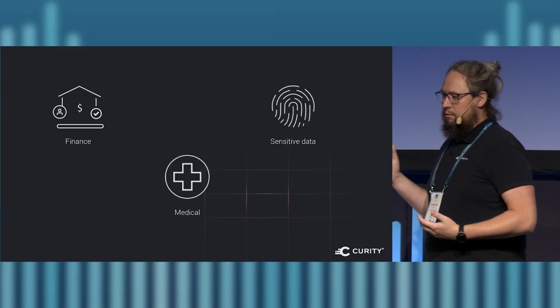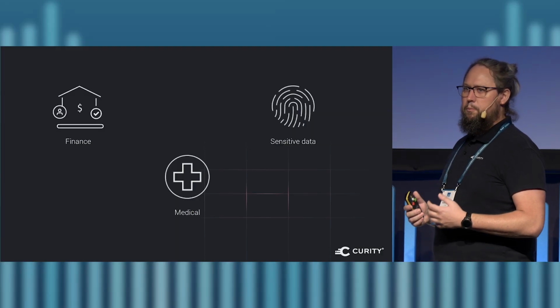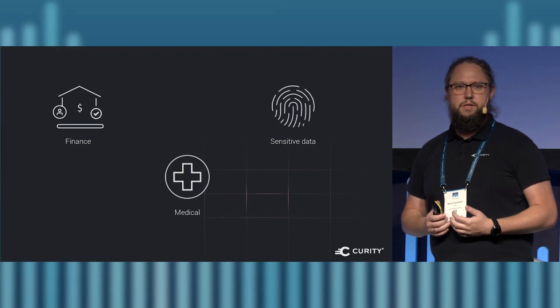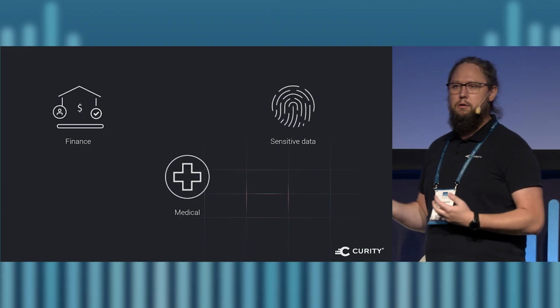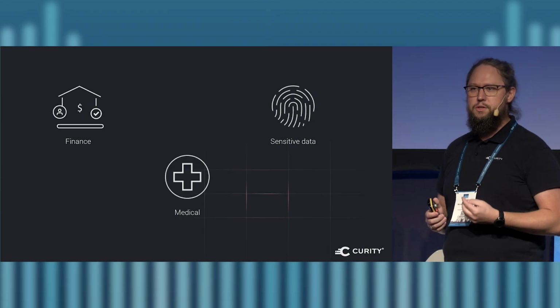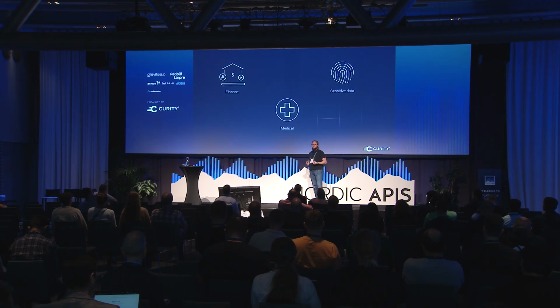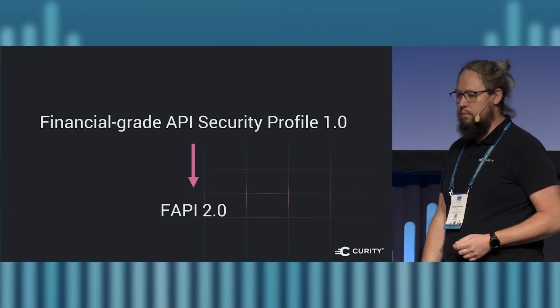In fact, when we think nowadays about data, most data becomes sensitive data. Even if your application only processes things like user emails and their names, if someone is able to breach your API and harvest these, then maybe they will be able to use that to perform some more sophisticated attacks against some other APIs that have some more sensitive data. So in this sense, we should all think of our data as actually sensitive data.